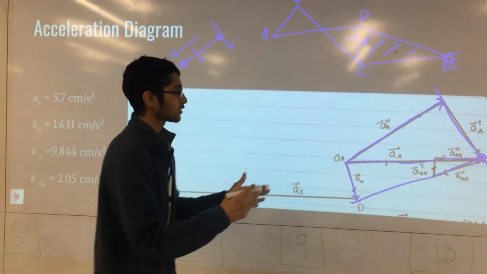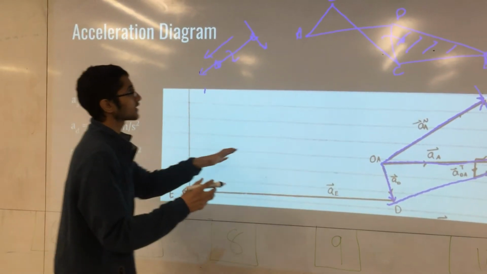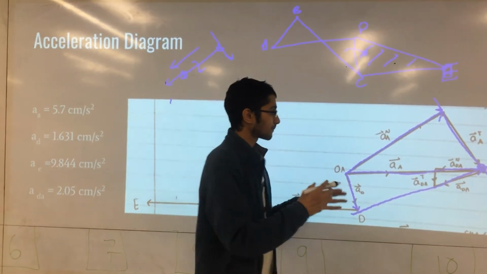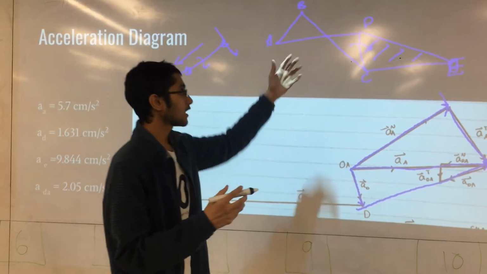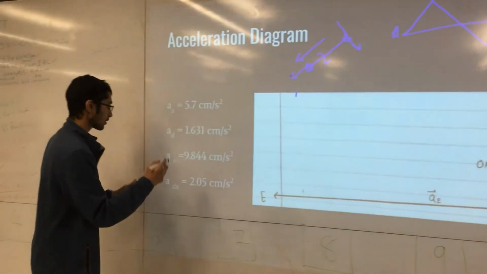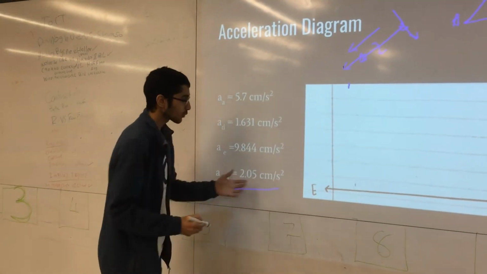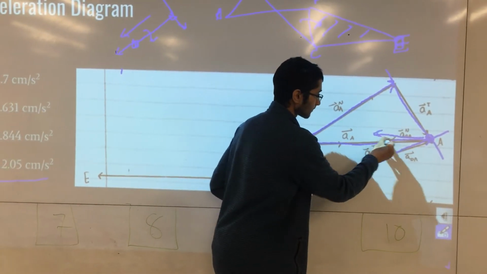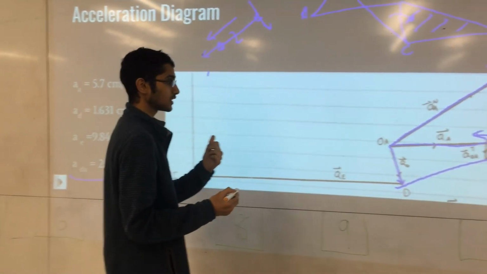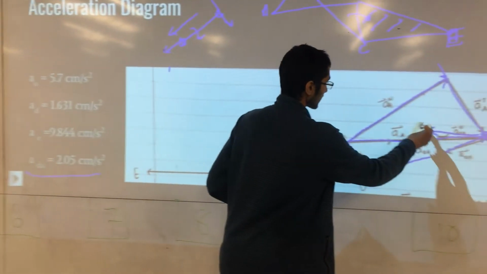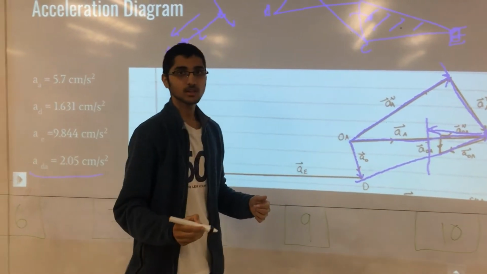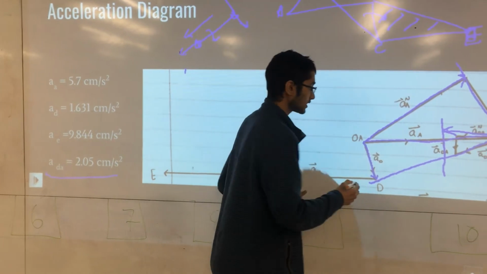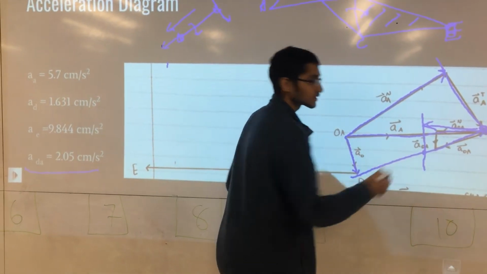Now, let's look at something a little more complicated: the shared acceleration of link 2 between point A and D. We have to look at it from both ways. We calculated acceleration AD normal to be 2.05 centimeters per second squared. So we draw that, starting from A going to D. We also have a tangential component, and because it's shared by point D, we must also look at the tangential component of point D, which is this line here, and they intersect at that point.